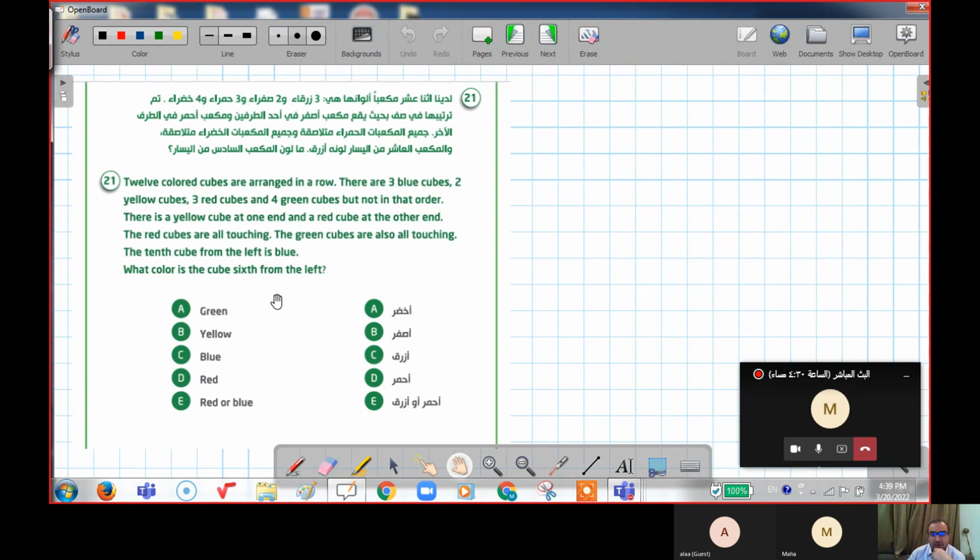Okay, so we're gonna start slowly. Maha, maybe the other student will join us. So we have 12 colored cubes, arranged in a row, so like this.